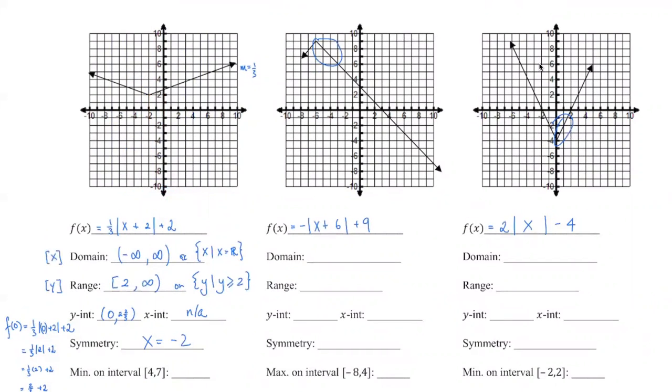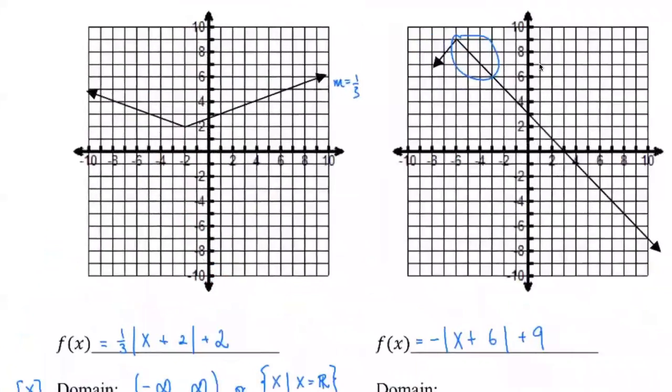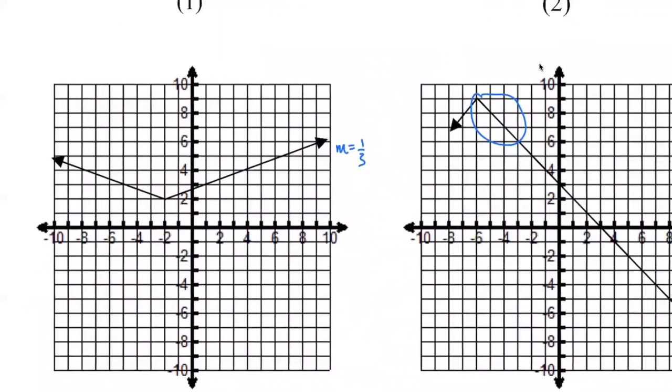And then for the one last question, it asks for the minimum on the interval 4 to 7. So we'll look at the interval from 4 to 7. I want to use a thinner pen to draw this. So I'm going to draw a rectangle from 4 to 7 right here.